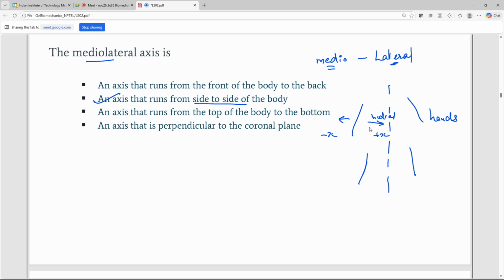The axis that runs from top of the body to the bottom is called craniocaudal. That also we have discussed. Cranium is the head, caudal is the tail.